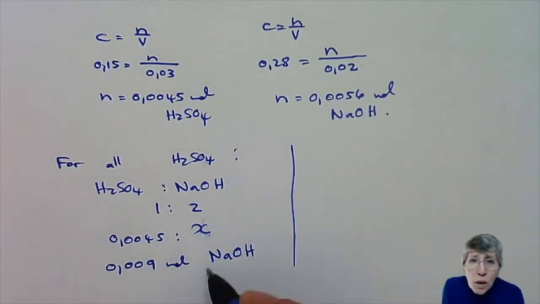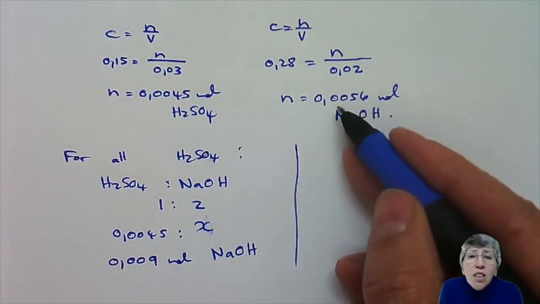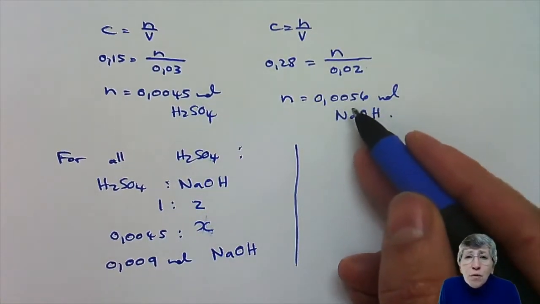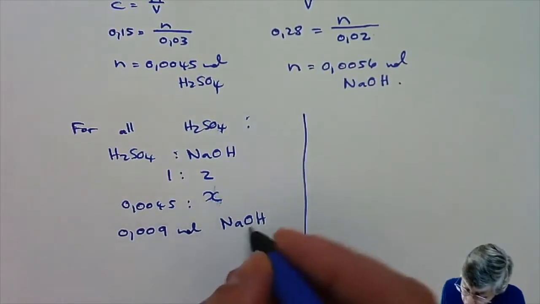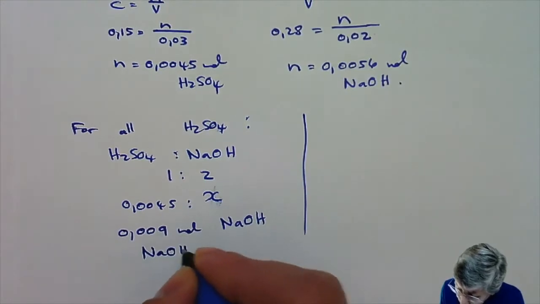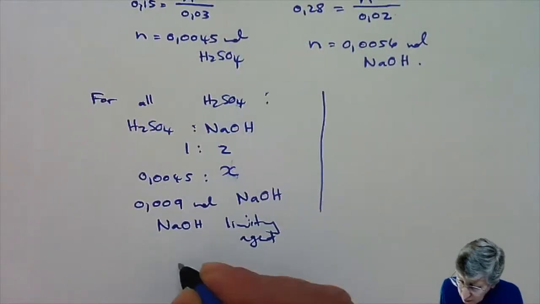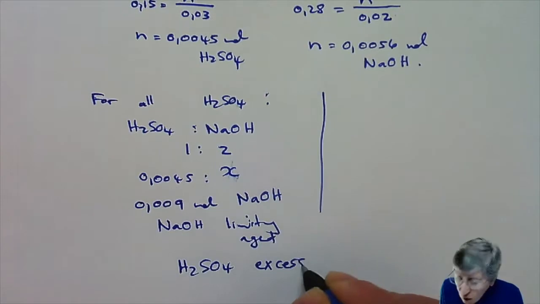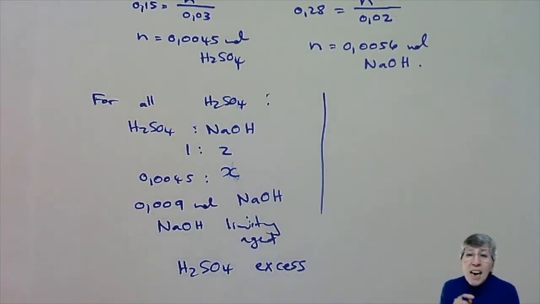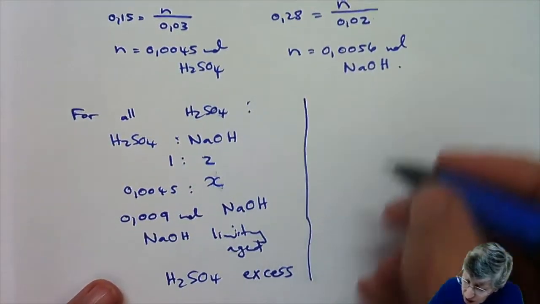And the question is always, do I have that much? No, I have only got 0,0056 moles. So that tells me that NaOH, I don't have enough, so that is my limiting agent. Right, and immediately H2SO4 is the one in excess. So I can already tell you the final pH will be less than 7 because the acid is in excess.